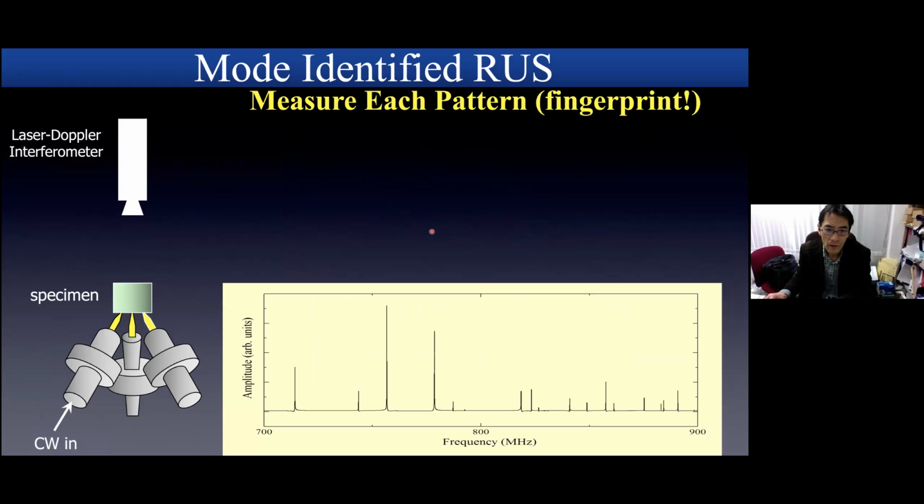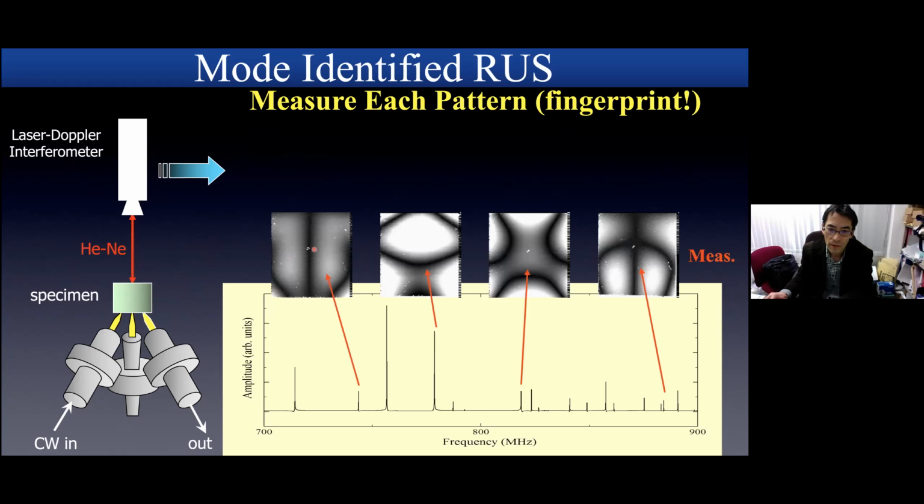It is also useful to measure the vibrational pattern using laser Doppler interferometry by scanning the specimen surface with a laser beam. For example, for this vibrational mode, we obtain this vibrational pattern on the top surface. Darkened regions indicate nodal points, and brightened regions indicate antinodal points.